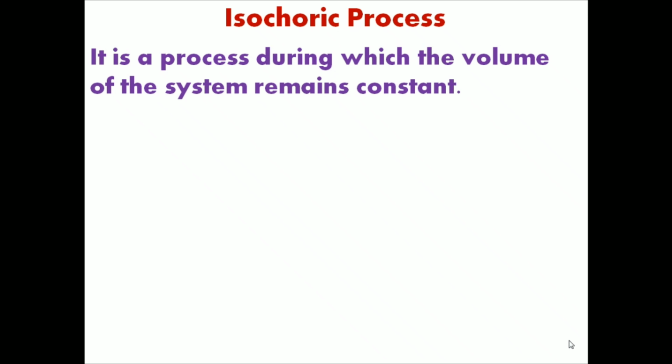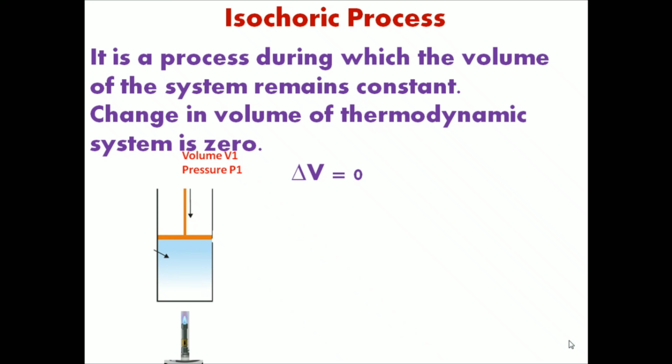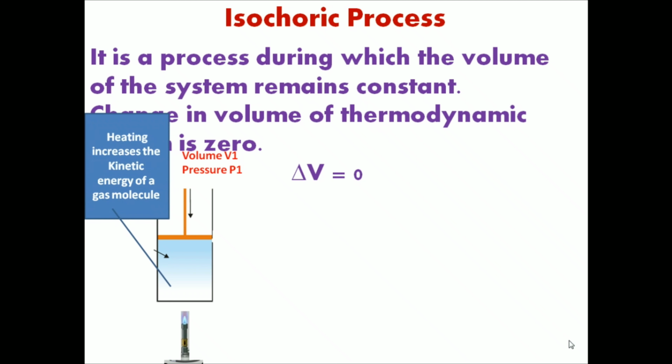Next is the isochoric process. An isochoric process is the process during which the volume of the system remains constant. The change in volume of the thermodynamic system is 0. That means dV is equal to 0. Again, consider a system which is at volume V1 and pressure P1. If you heat the system, the kinetic energy of the gas molecules increases, so the pressure of the gas increases.